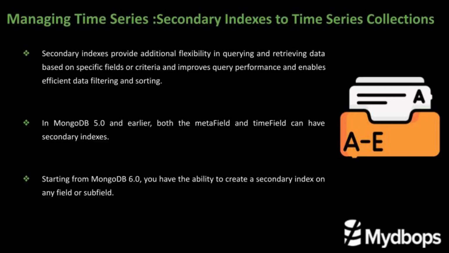Starting from MongoDB version 6.0, MongoDB introduced new features while creating secondary indexes on time series collections. You can create a secondary index on the time field, meta field, or any subdocuments of the meta field. Apart from this, you can also create secondary indexes on any other existing fields or any other existing subdocuments of fields.